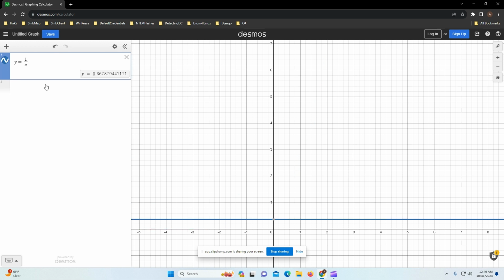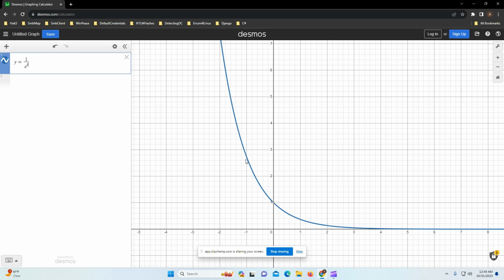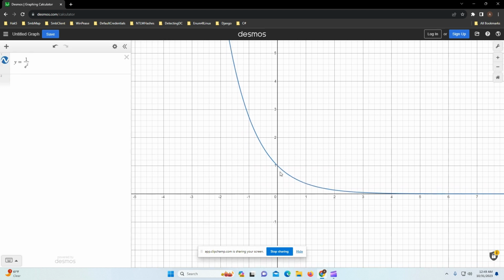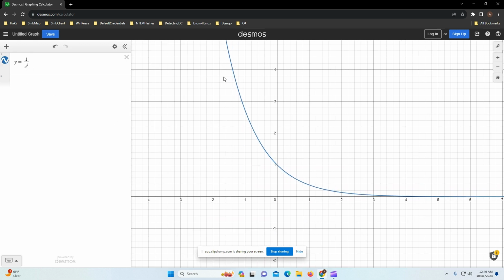Now, what if I divide 1 by Euler's number to the exponent z? What's going to happen is we're going to approach 1, but after we approach 1, you see we're actually decreasing. We're not increasing anymore. And the reason for that is that 1 divided by a number to an exponent is obviously going to shrink.